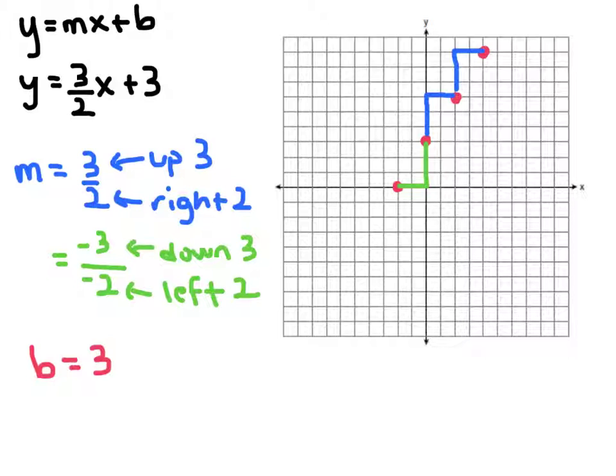And we can continue this further. Down 3 from the point we just drew and left 2. And we can keep doing that if we want to make our graph consistently straight, if we don't have a straight edge. So down 3, left 2 again.